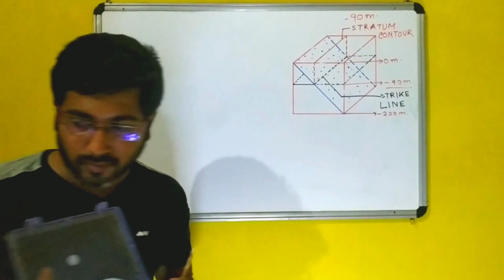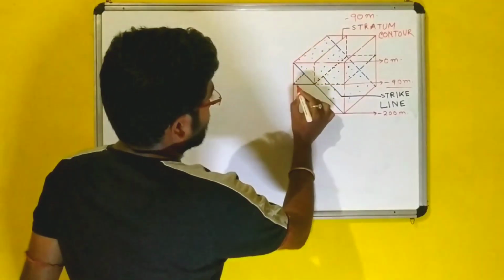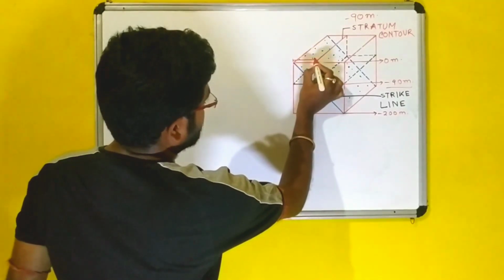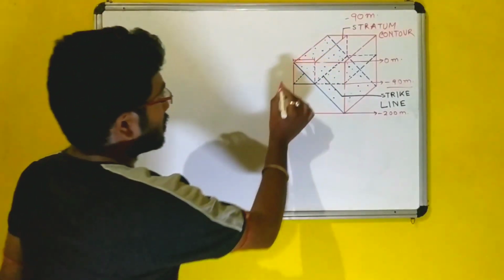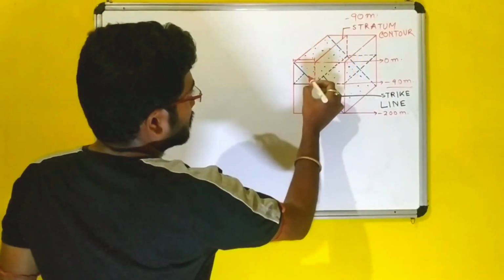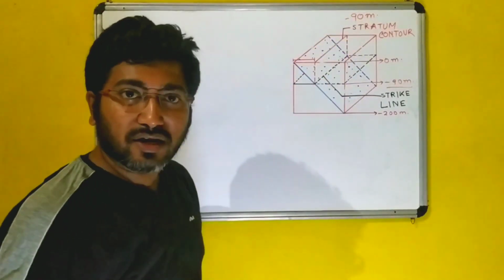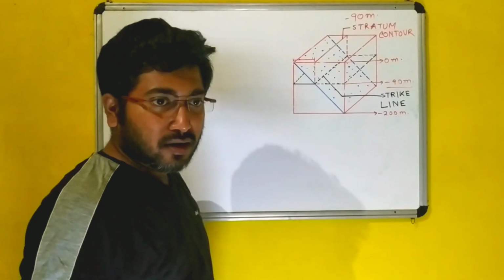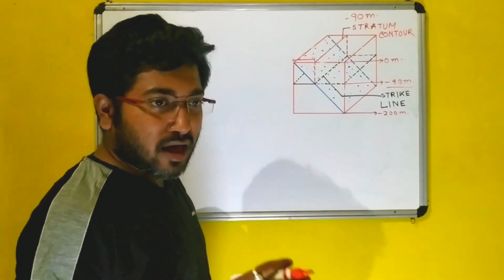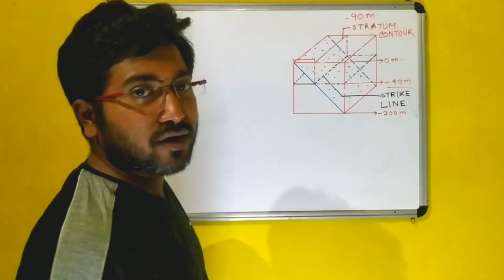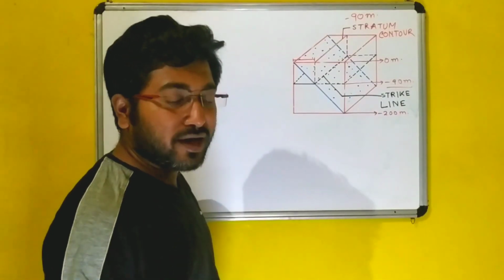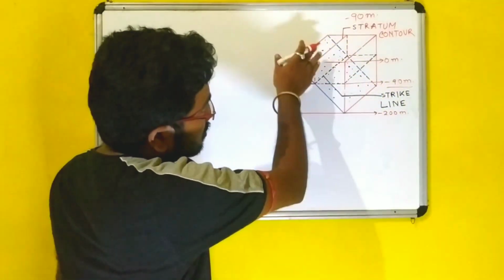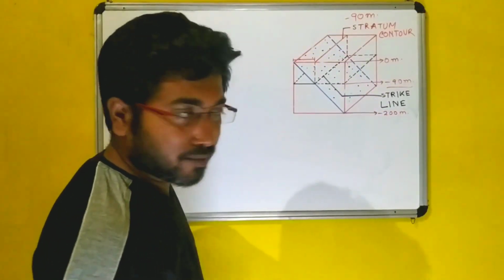And one more thing, this distance, this is 0 meter. So this strike line is a constant line, means parallel line. Any inclined plane which does not rotate or is not folded or distorted, that inclined plane will continue with the same dip or true dip.